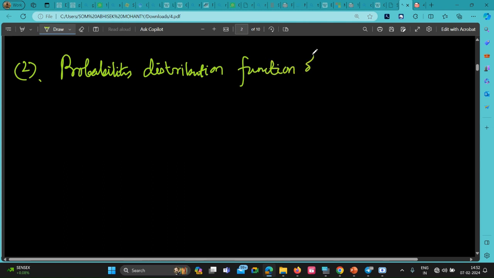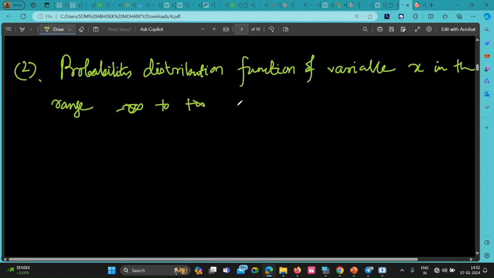The probability distribution function of variable x in the range minus infinity to plus infinity is p of x equal to 10 e to the power minus 2x square minus 4x minus 6.